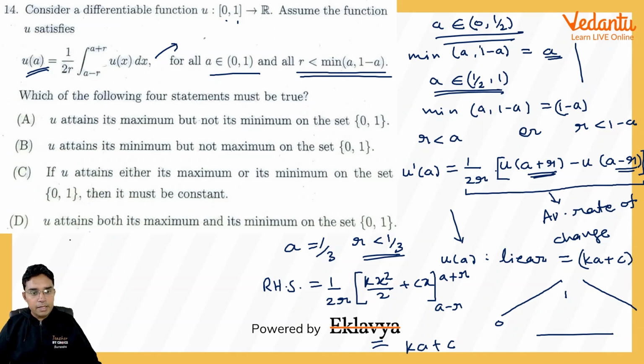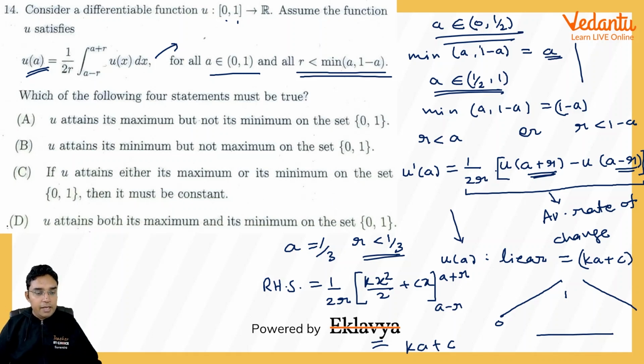And D says u attains both its maximum and minimum on the set 0, 1. I think C is not making any sense. It says u attains either its maximum or minimum on the set, then it must be constant. It is not so. It is attaining minimum and maximum, but it is not constant. The phrase should have been, it will either attain maximum and minimum, or it will be constant.